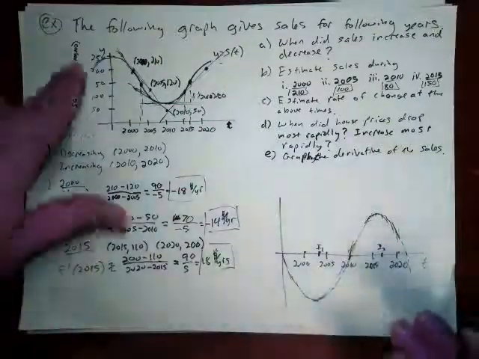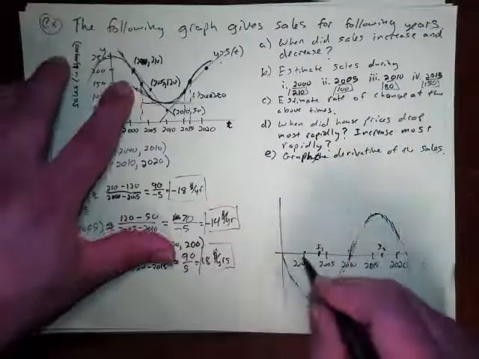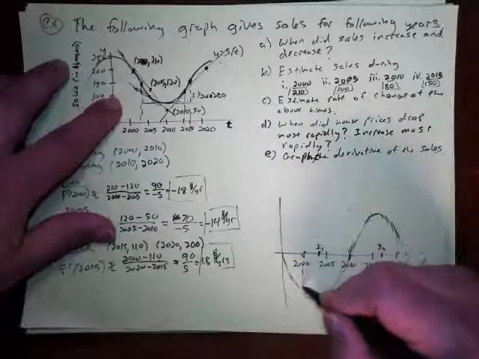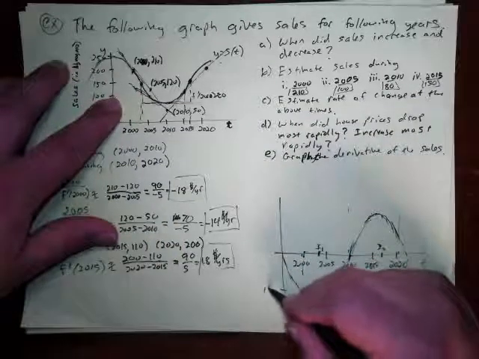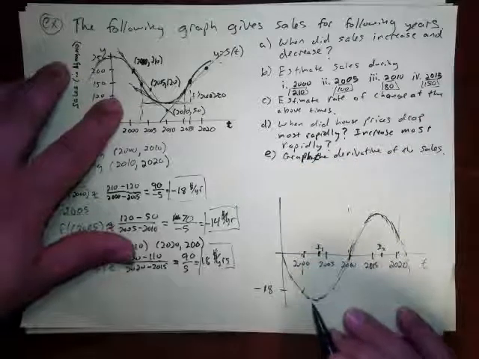Oh, and one thing I didn't do is, for example, at 2000, the rate of change should have been like a -18. I was going to do that because we actually calculated the rate of change at each of these places.